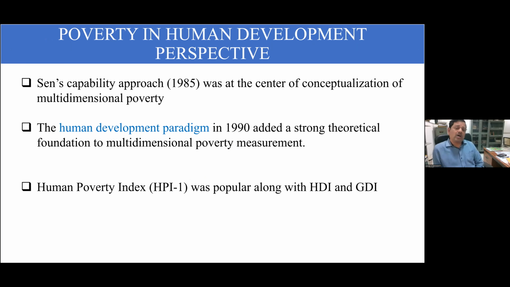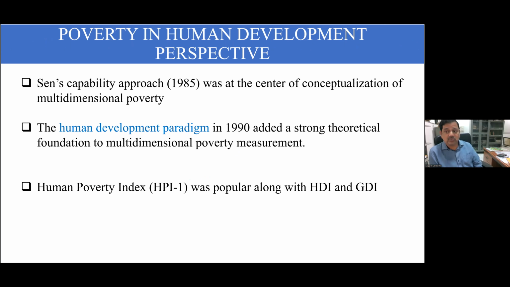Now, from the theoretical perspective, the concept of multidimensional poverty begins with the capability approach as early as the 1980s. Then it got a more robust beginning with the introduction of the Human Development Report.